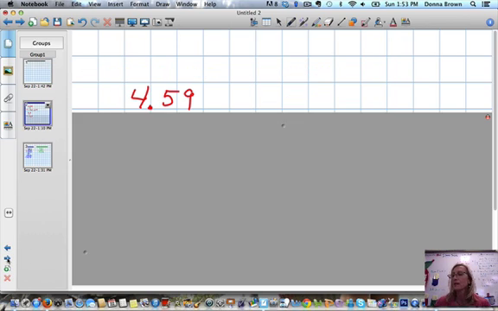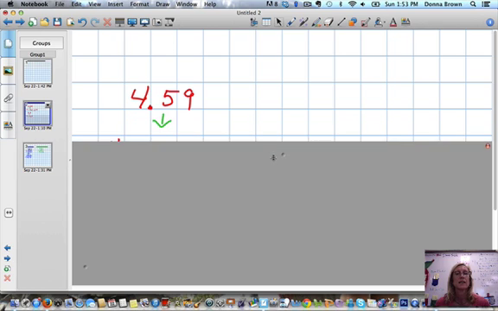Looking at this number, it's important to keep in mind the place value of every number that we see. We're now moving into numbers that have decimals. So this isn't 459, it's 4, and when we see that decimal point, it tells us that what follows is a fraction of a number. So it's 4 and 59 hundredths.